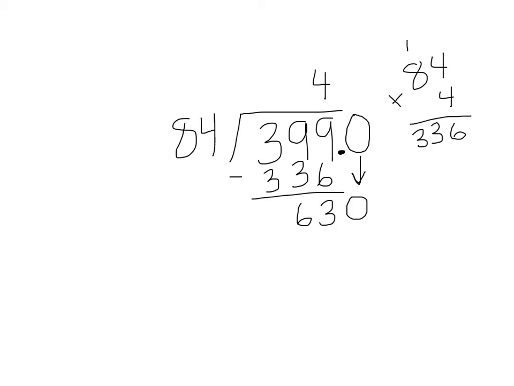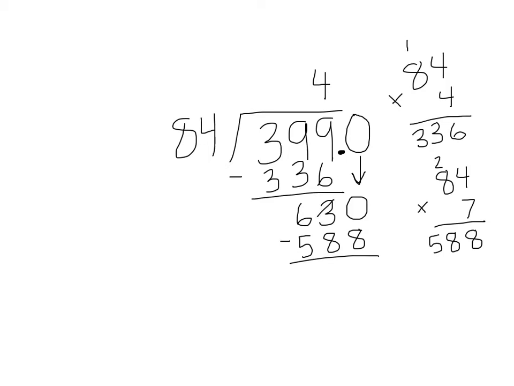I am going to estimate that 84 goes into 630 7 times. 7 times 4 is 28. 7 times 8 is 56 plus 2 is 58. I'm going to take 588 and subtract it from 630.